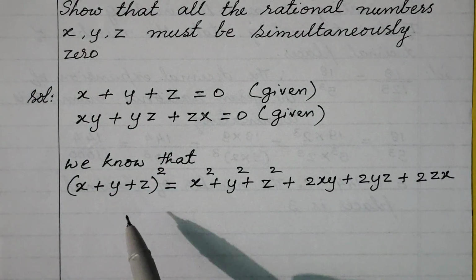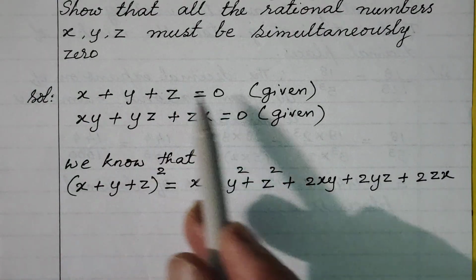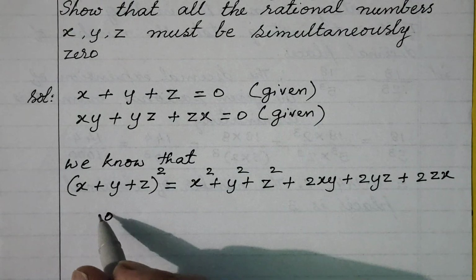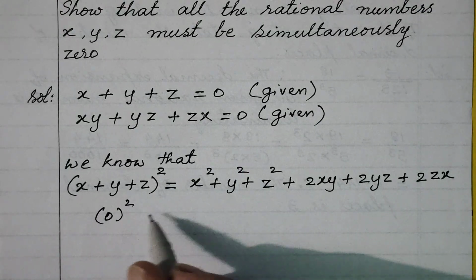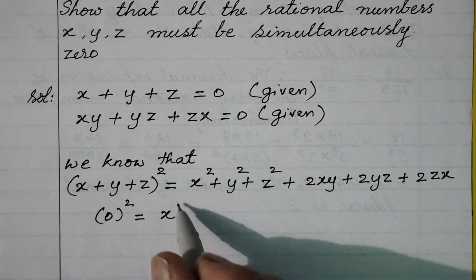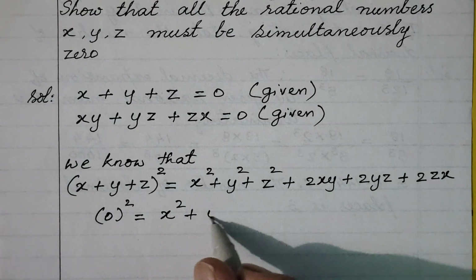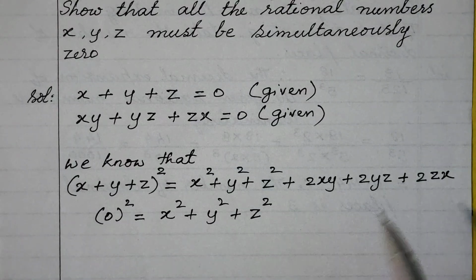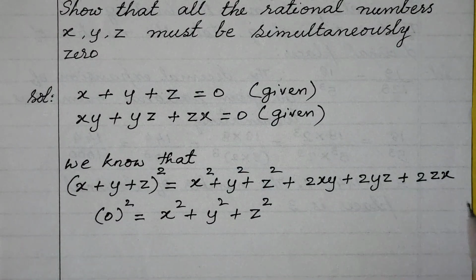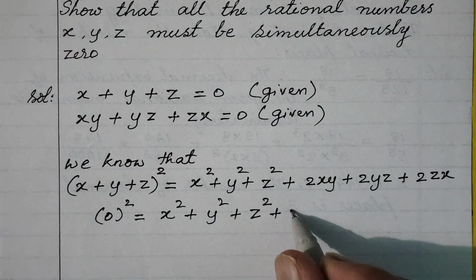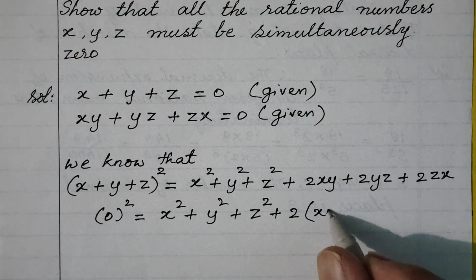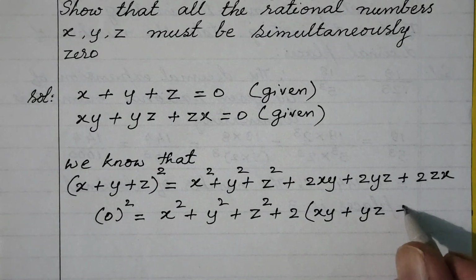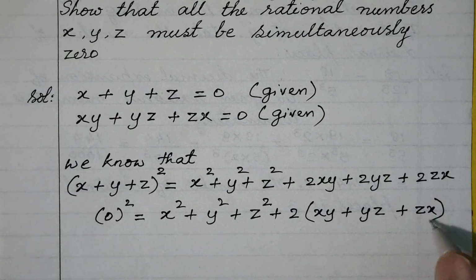So now you have been given x plus y plus z equal to 0. So I can put 0 here. 0 square is equal to x square plus y square plus z square. You can see 2 is a common factor for all these. So I'll take 2 common, xy plus yz plus zx.